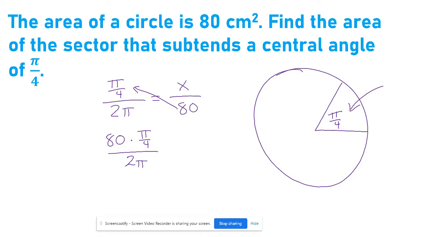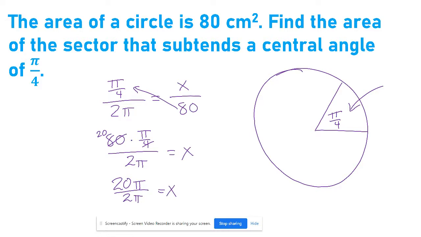And so one thing I see I can do right away, I want to get rid of this fraction on the top, because I don't like fractions inside of fractions. And I see I've got an 80 here multiplied by pi over 4. So the 80 and the 4 are going to simplify. I can divide those both by 4. I get 20. And then the 4 cancels out. So now this is going to give me 20 pi on top over 2 pi equals x.